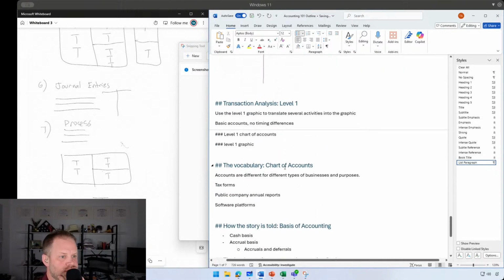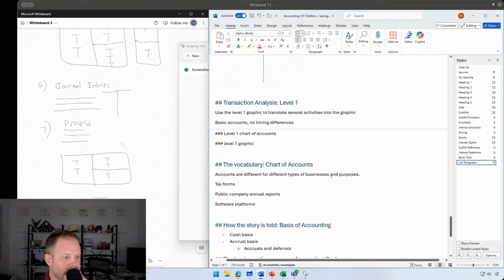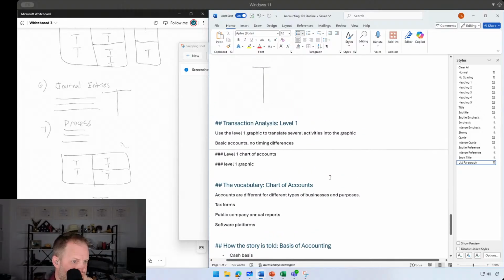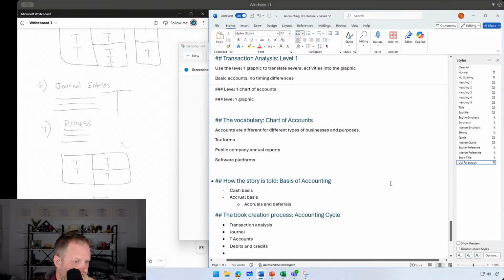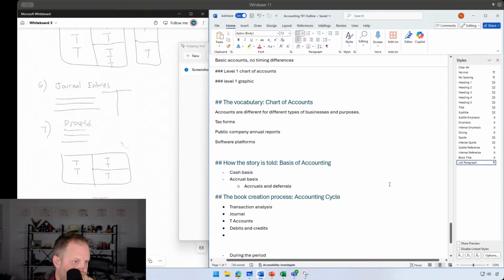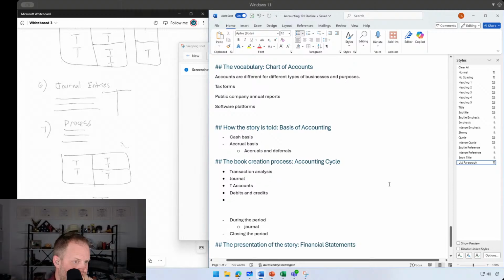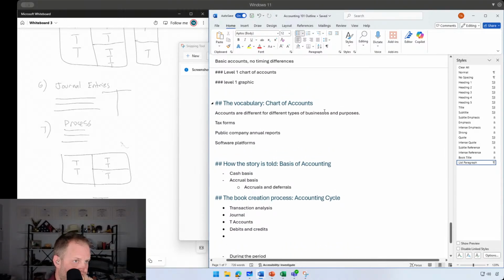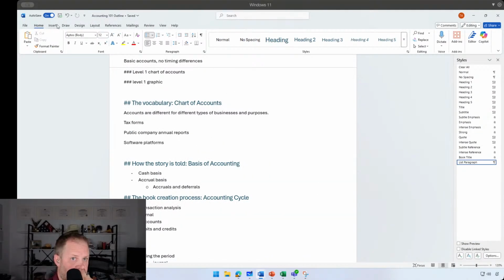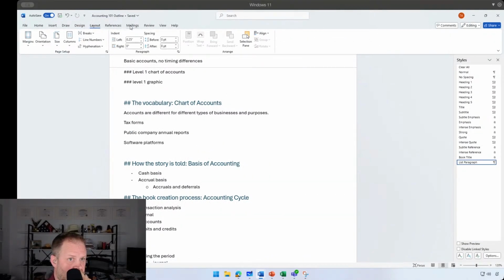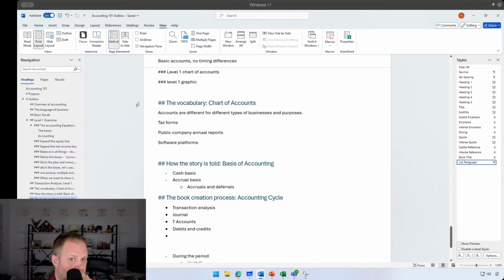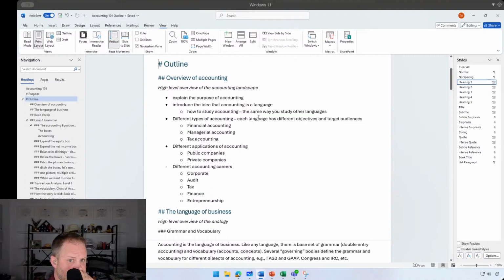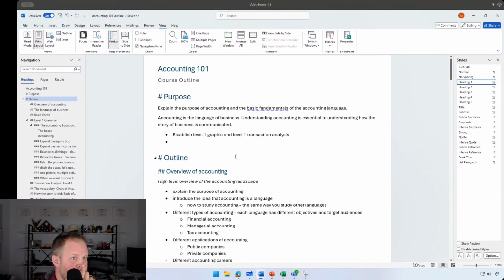So then level 2 will be where we create the... this whole thing's redundant.